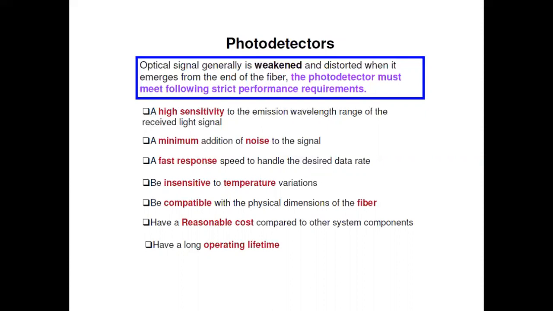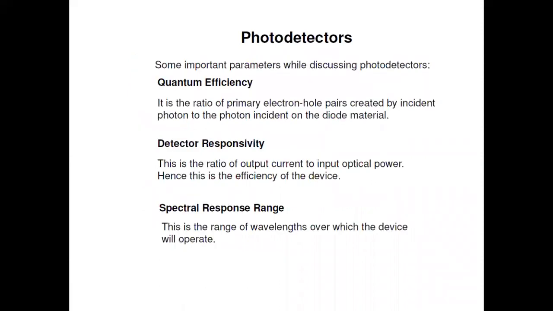It needs to be fast in response to handle the desired data rate, insensitive to temperature variation, and compatible with the physical dimensions of the fiber. So we are talking about a detector which is just after a fiber optic. It needs to be reasonable in cost compared to the system components, and it should have a long operating lifetime.